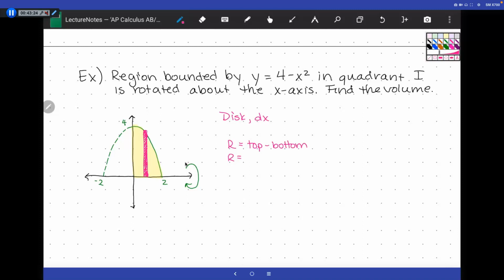And is it always the same curve on the bottom? It's just the x-axis on the bottom, which is y equals 0. And our equation's already in terms of x, so that's also fortunate. On the top, it's y equals 4 minus x squared, and on the bottom, it's y equals 0. So the radius is just 4 minus x squared.